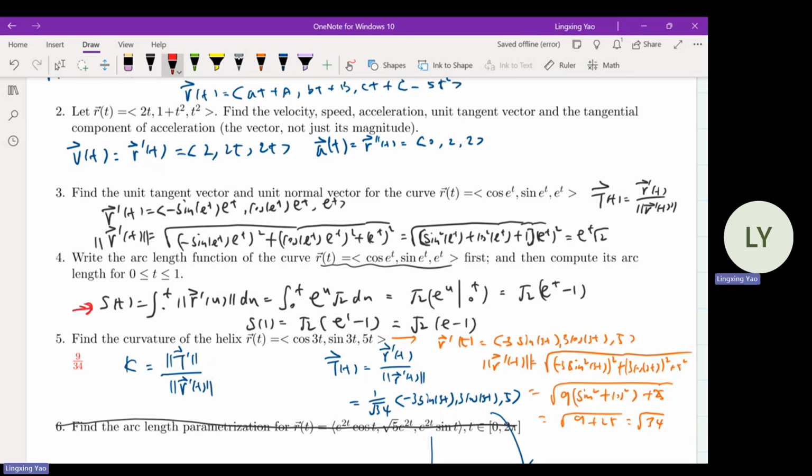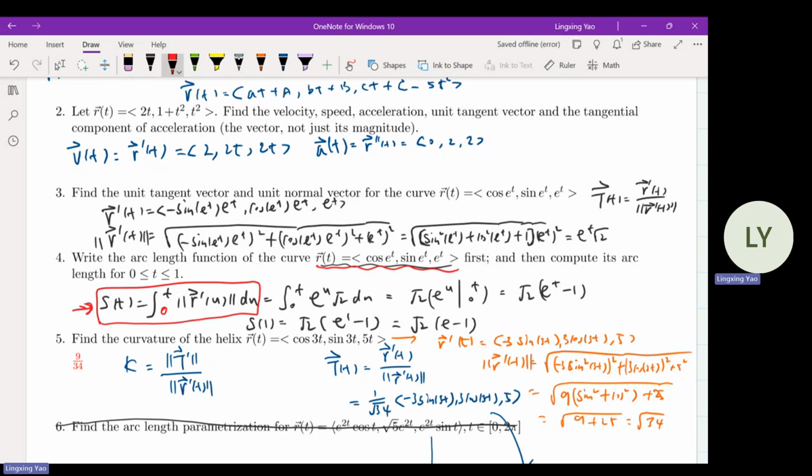The arc length function is very important because that gives us a tool to compute the arc length, and actually we can use it to do a lot of calculation, especially in the future line integration. All right, so for this curve or path, we need to write down the arc length function, and here I gave the general formula for that.